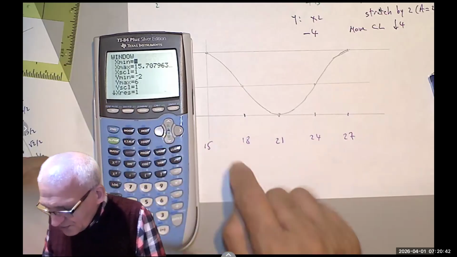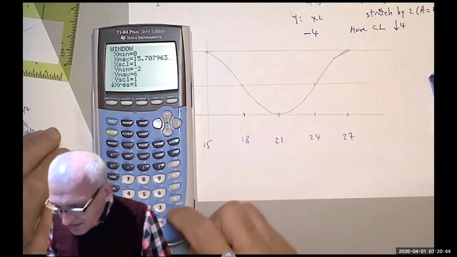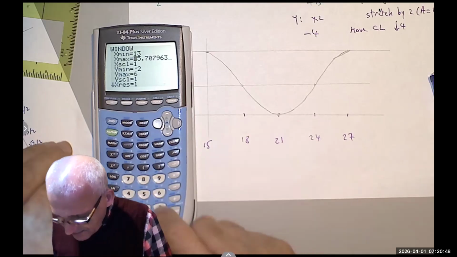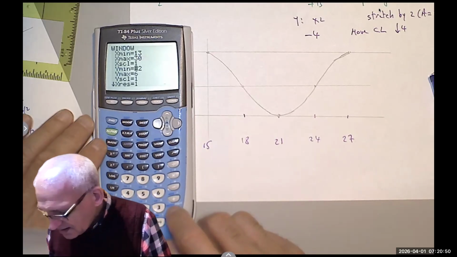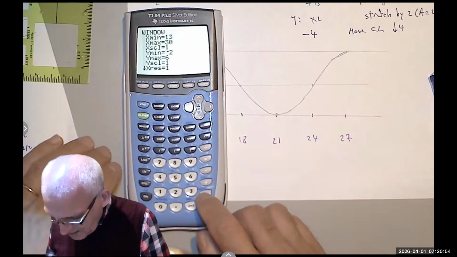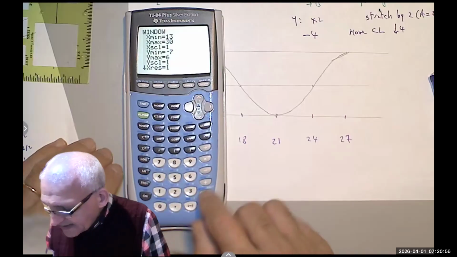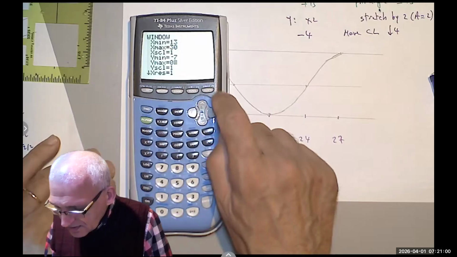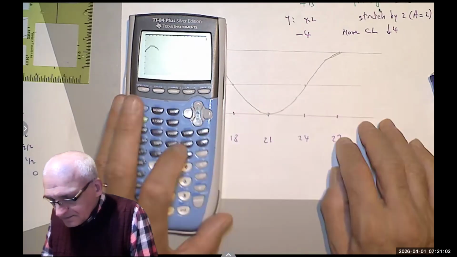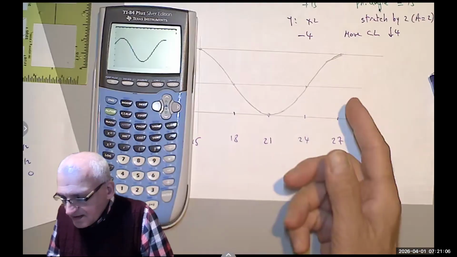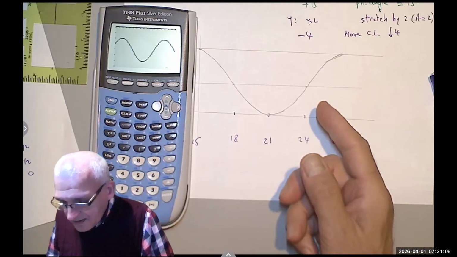For the window, my x should start, say, at 12 or 13, ends maybe at 30. The y, we had -6, so I'm going to start from -7, and the maximum was -2, so let's say 0. That's basically what we have, okay?